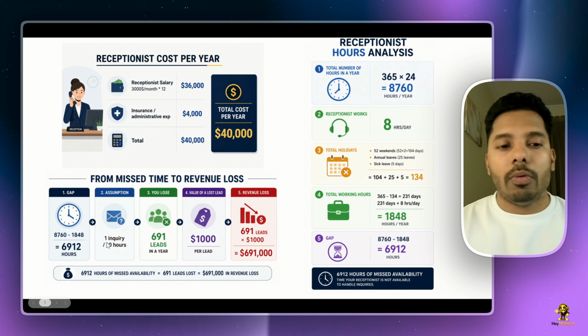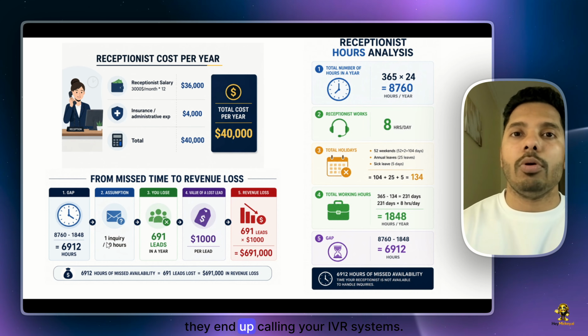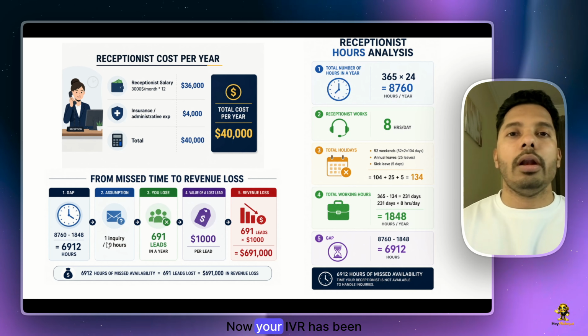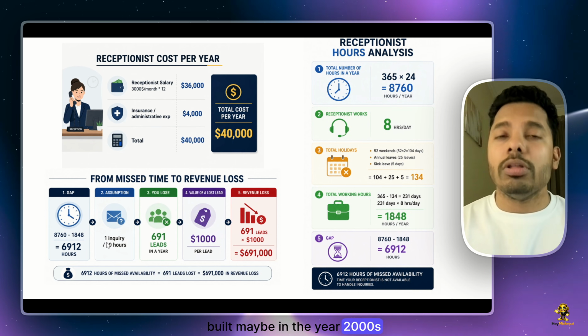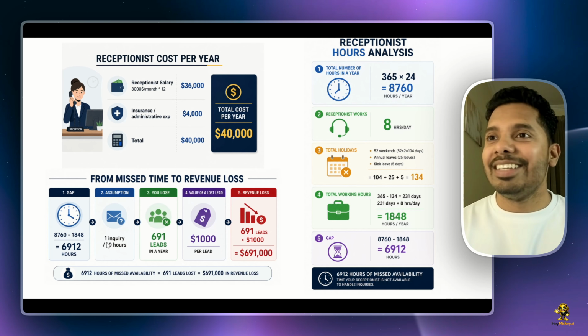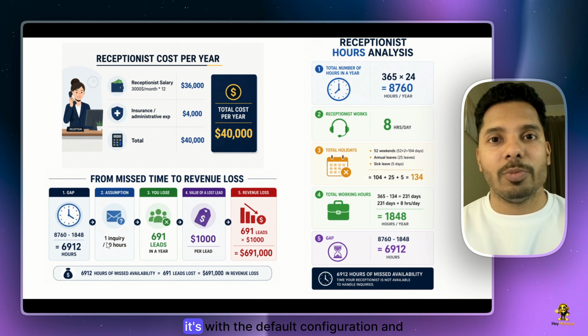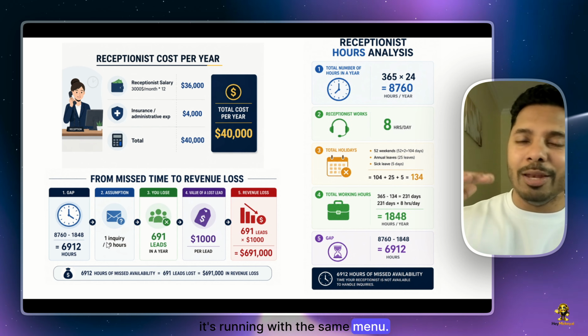Now, what happens some of the times is they end up calling your IVR systems. Your IVR has been built maybe in the 2000s, and it's not changed since then. It's with the default configuration, and it's running with the same menu.